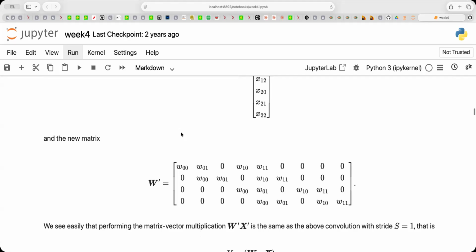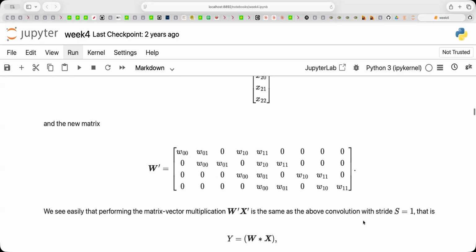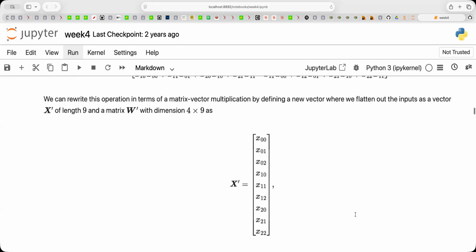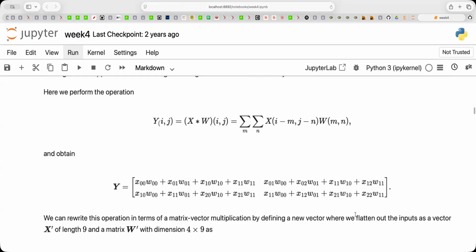That matrix could look like this. Then you can perform the matrix-vector multiplication of W times X prime. That is the same as the convolution you have up here. You can easily convince yourself that it gives you exactly the same result with stride equal to 1.